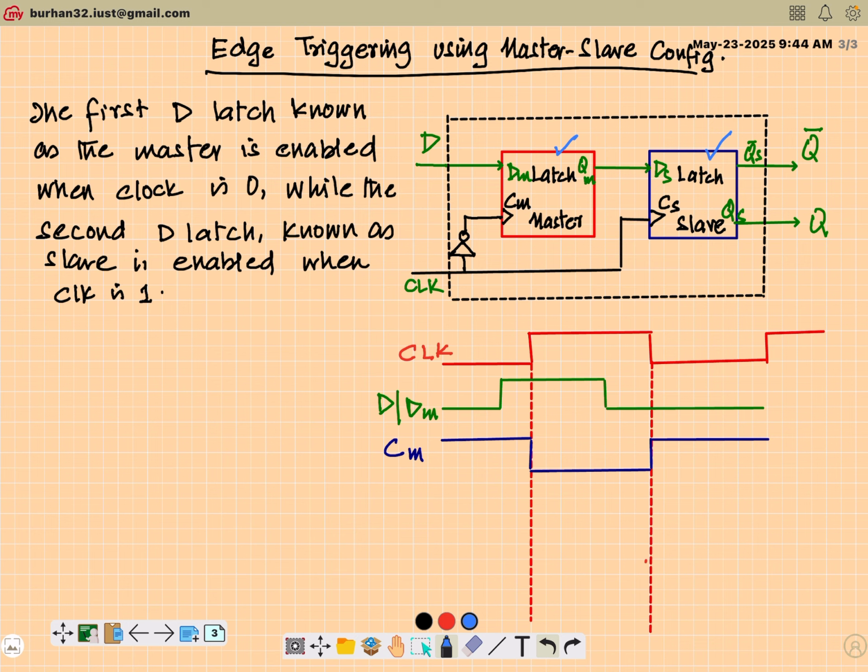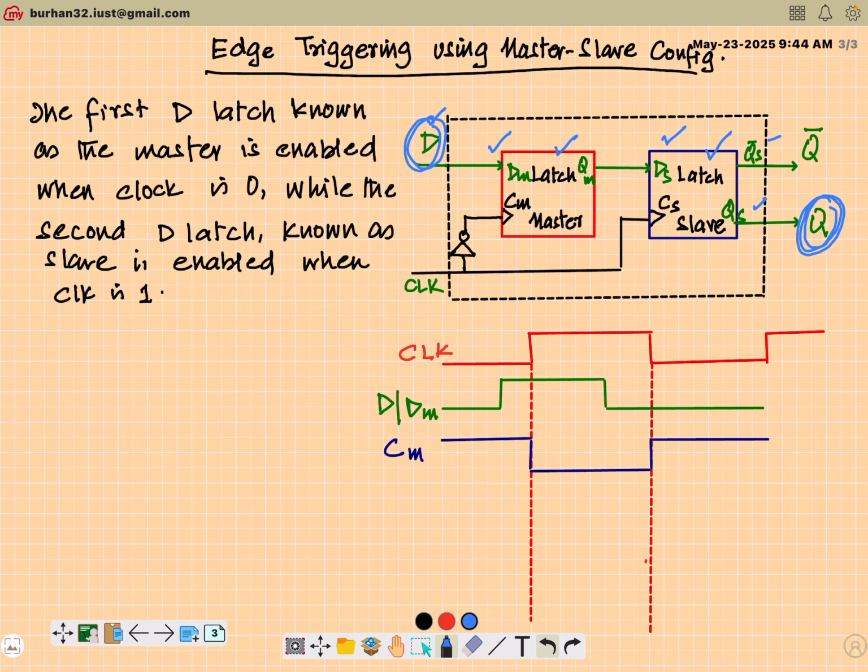Overall, you have the external input D, which is the input to the first latch, shown by D subscript M. M stands for master. Then QM is the output of the master latch, which drives the input of the slave latch. And QS is there; I'm showing both the outputs QS and Q bar S. We are actually interested in finding a relationship between this output Q, which is QS, and the input D, which is the input to the master latch.